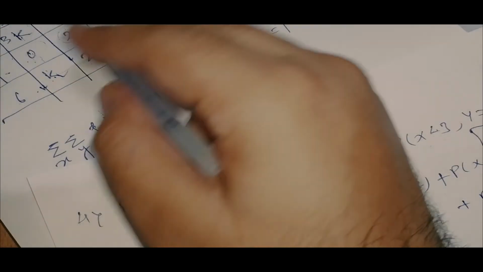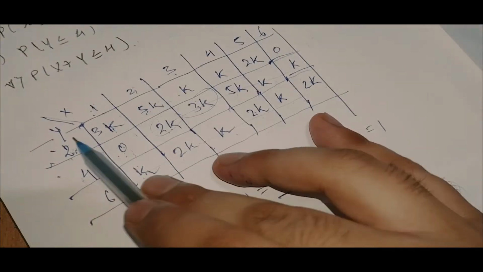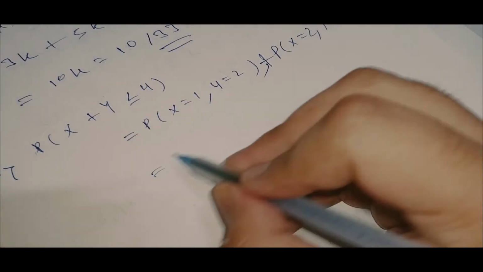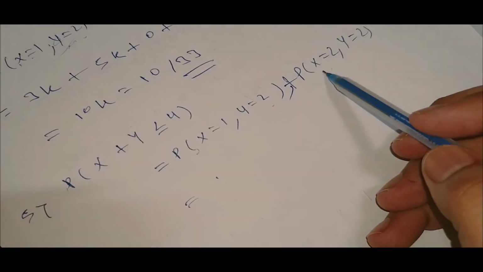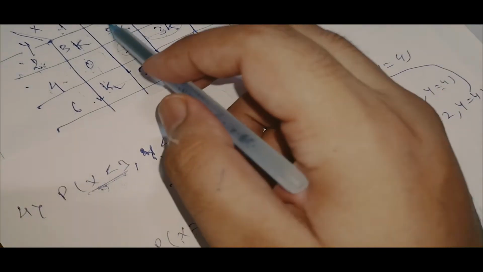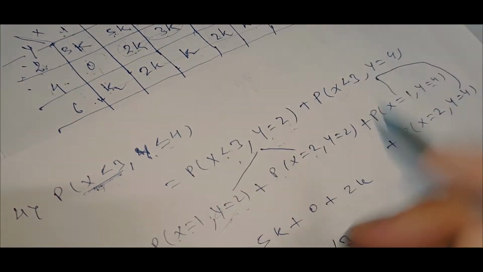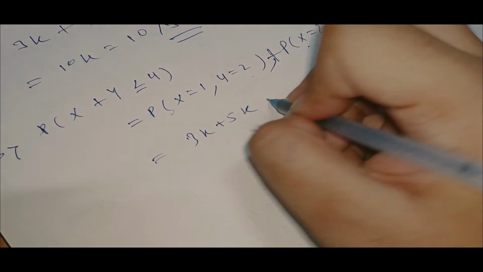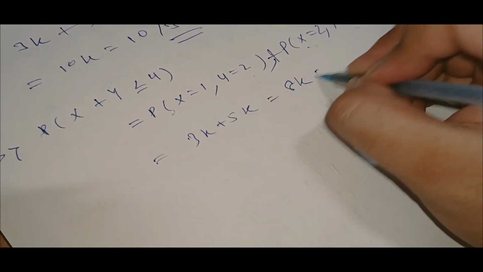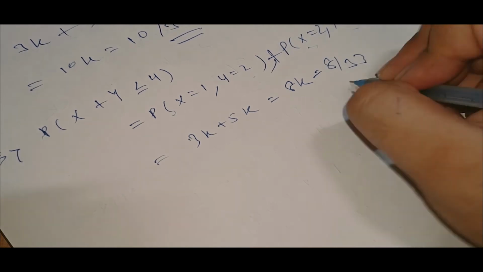These are the combinations we can take of x and y, and these are the two possible ways. So x1 y2 is 3k, and x2 y2 is 5k. So 3k plus 5k is equal to 8k, that is 8 by 33 is the answer.